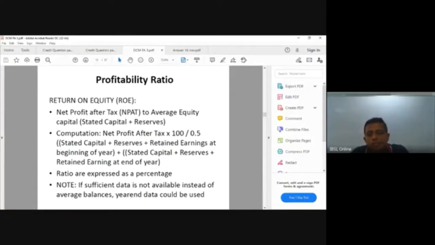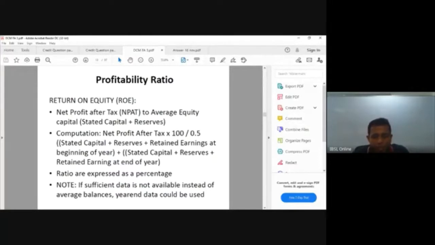This equity will normally comprise mainly two things: ordinary share capital, or stated capital of the ordinary shares, plus reserves. Under reserves you have a number of reserves, such as general reserves and retained earnings. You have to add all the reserves.